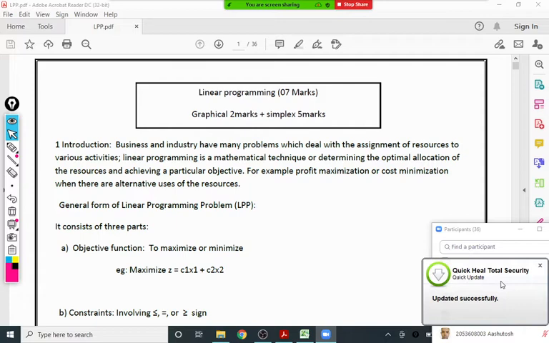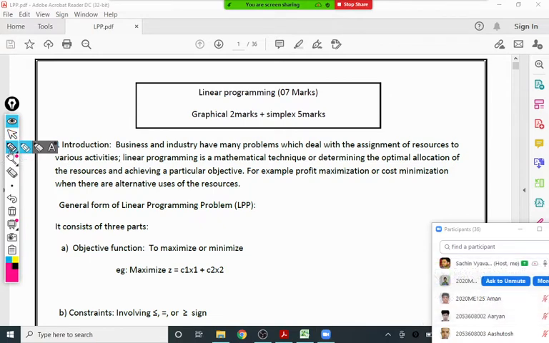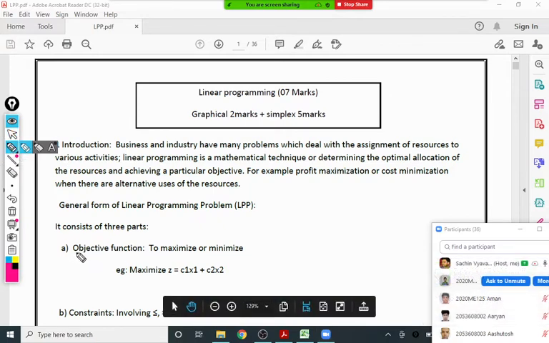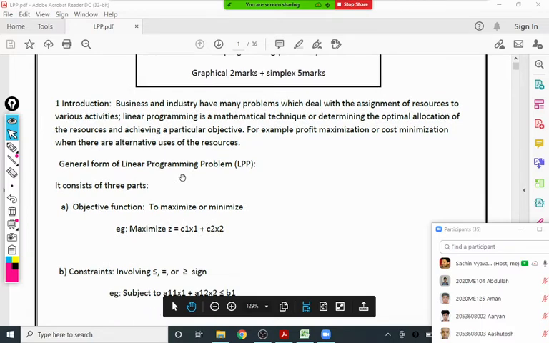So the first part that will come in LPP is the objective function, which we have to either maximize or minimize. Suppose it is a maximize, it depends on the variables x1 and x2. These variables are considered decision variables. That is the first part of LPP.